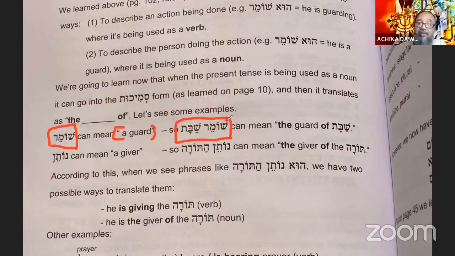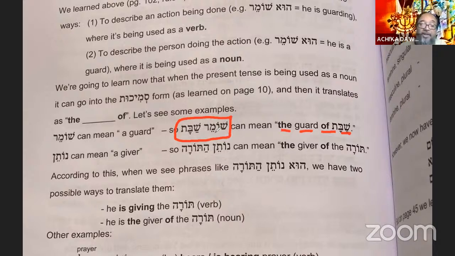So they're saying that when you use a present tense of someone doing the action and you want to change it into a noun, it can be he's guarding, but it also means the guard of the Shabbat, because the of is the smichut. Well, why is it the guard of? Because if I just said guarding Shabbat, you would ask, who's guarding the Shabbat? Then you would have to say the guard of Shabbat. The guard of Shabbat.